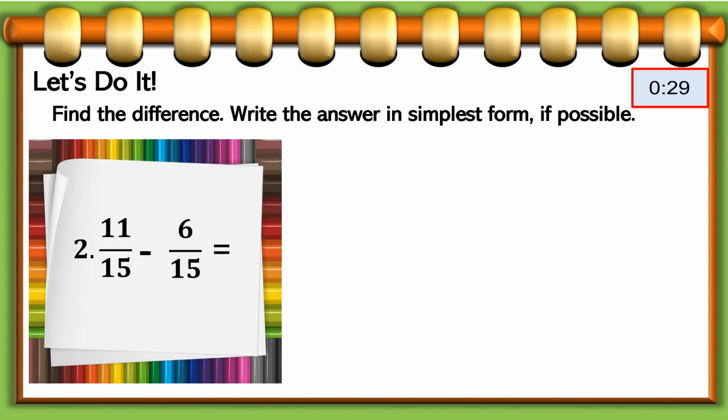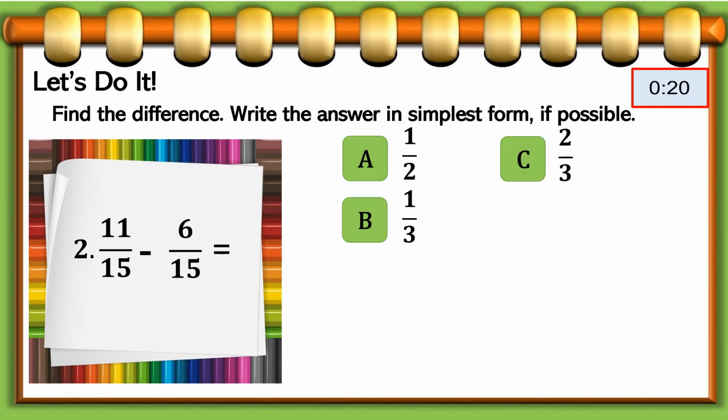Question number 2. 11 over 15 minus 6 over 15. A, 1/2. B, 1/3. C, 2/3. D, 5 over 30.